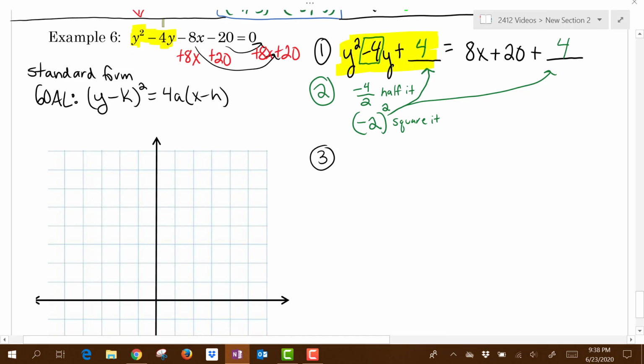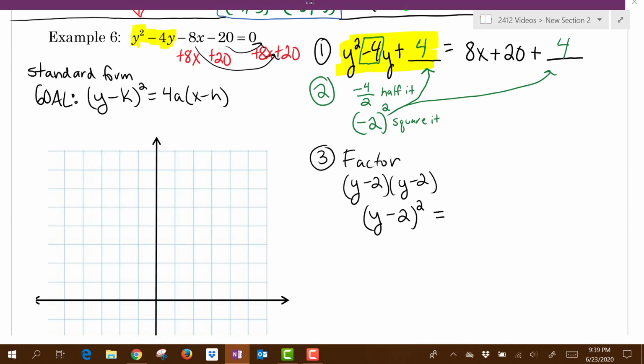So we're going to factor the left-hand side. Alright, so if you were to try to factor that, that would be y minus 2 times y minus 2. Better way to write that is y minus 2 quantity squared.